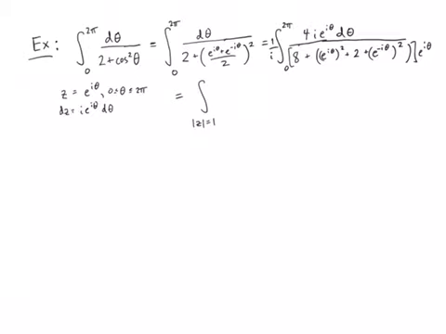Okay, so what we see here is that this is going to be our dz, and then we have a z squared here, so this is going to be z. This is a 1 over z, and this is a z here.